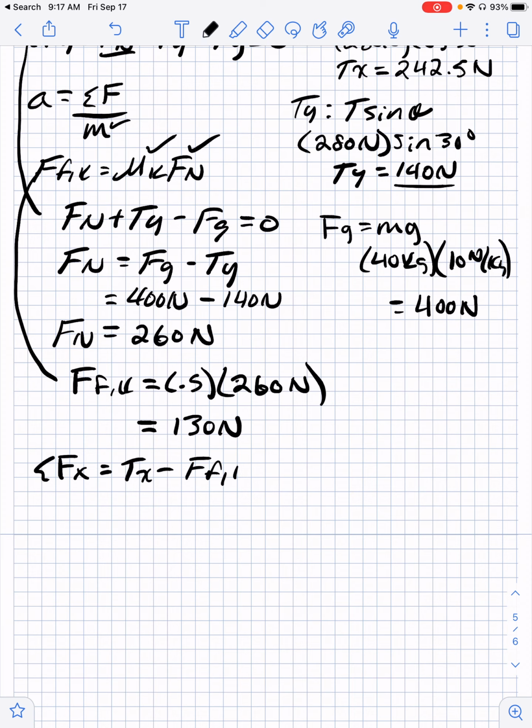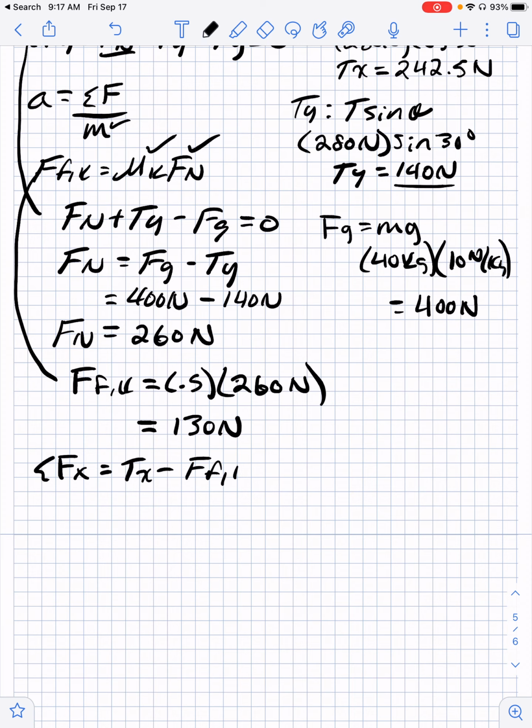So Tx, when we solved, we got 242.5 newtons, minus, when we found our friction, we ended up with 130 newtons. So our net force in the x direction is just going to equal 112.5 newtons.